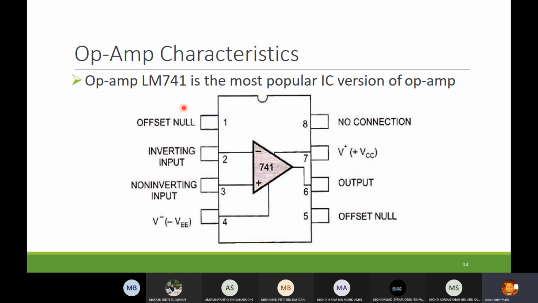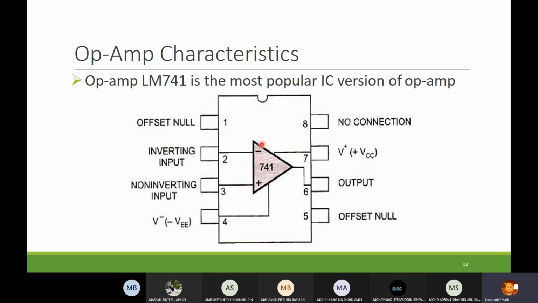So this is the op-amp LM741, which is the most popular IC version. Okay, so ini kita tengok, this is the pin arrangement. So for your IC 741, you'll be having 8 pins.